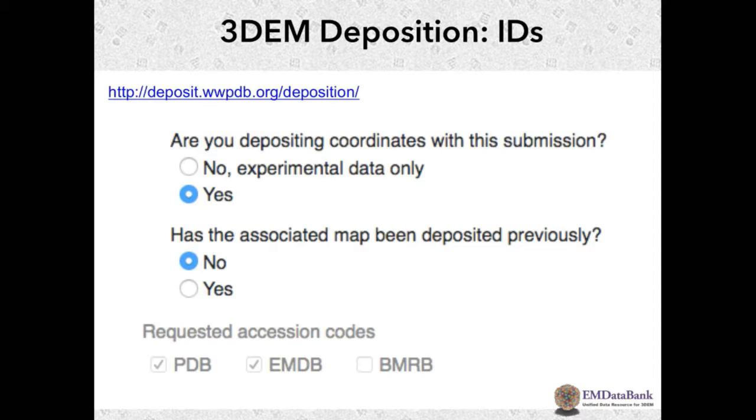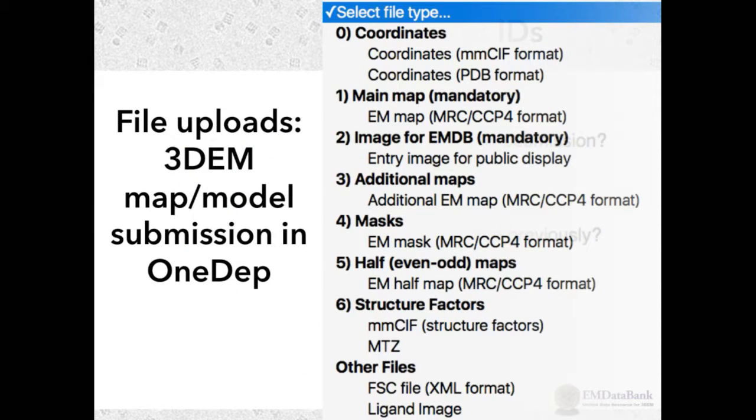Then the file uploads. For 3DEM, it's actually more complex than it is for crystallography. After they set up OneDep for crystallography, because you basically just have coordinates and structure factors and that's it.